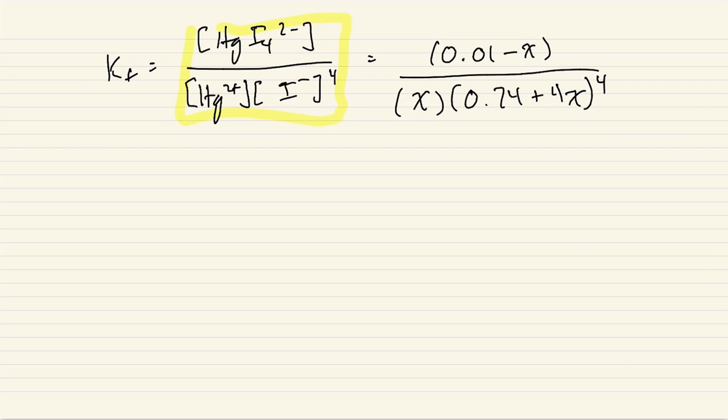Since Kf is very large, right, it's extremely large, it's 10 to the power of 30, and we're talking about equilibrium moving back towards the reactants. Kf being large implies what's favored at equilibrium?